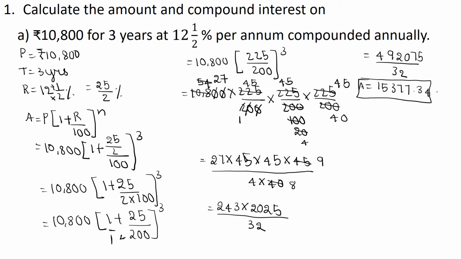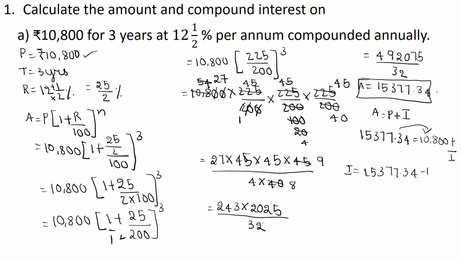Now let's find the interest. A is equal to P plus I. A is 15377.34, principal 10,800 plus I. I is equal to, when this goes to the right side, it becomes subtraction, 15377.34 minus 10,800.